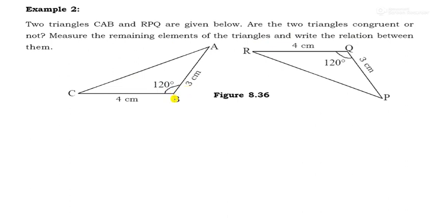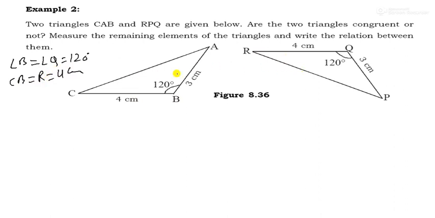Yes, first of all, angle B is equal to angle Q. It is correct. Now here you can write angle B is equal to angle Q, and that is 120 degrees. Correct. Now side CB is equal to 4 centimeters, and here RP is equal to 4 centimeters. CB is equal to RP is equal to 4 centimeters.